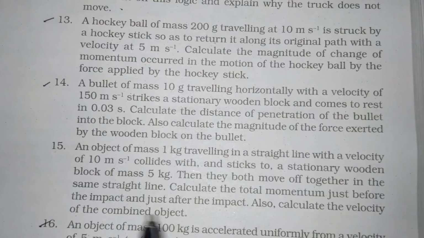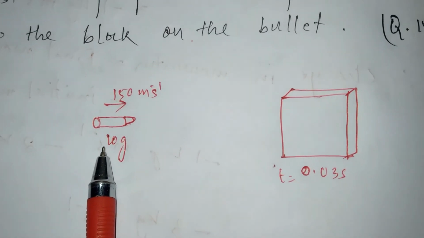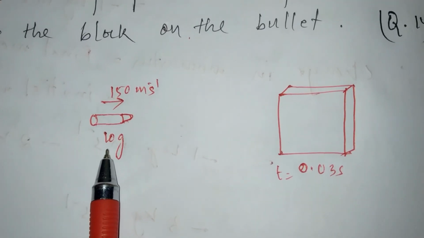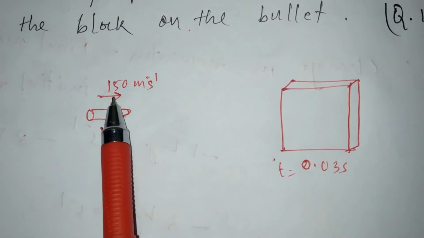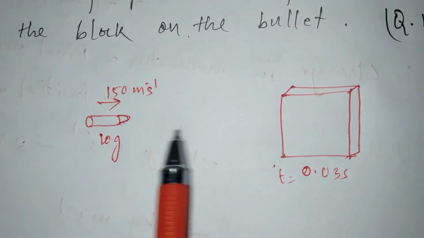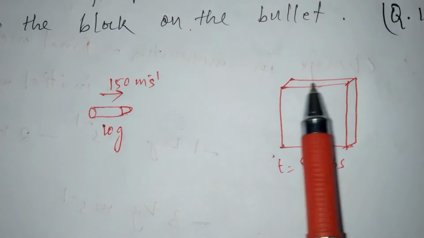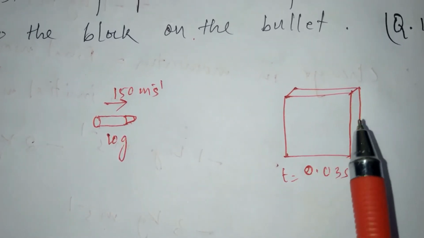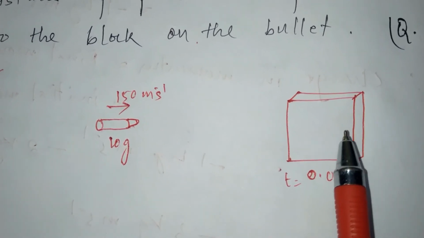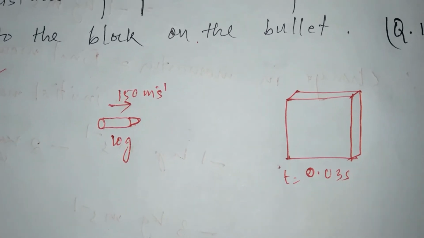A bullet is there, of mass 10 gram, and it is moving with a velocity of 150 meter per second, and it strikes a wooden block. After that, when it hits, the velocity becomes 0. That means it stops.